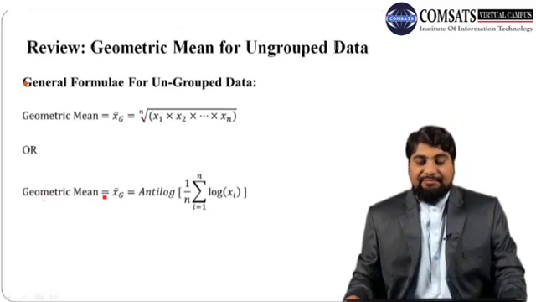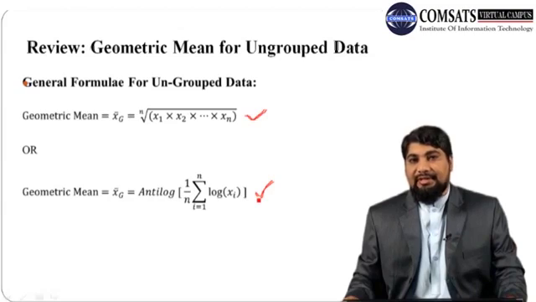The geometric mean is the antilog of 1 over n into the summation of log of xi, where i ranges from 1 to n. Last time we derived this second formula from the first formula. So now we can use either the formula given at the top or this alternative formula. Whether you use the first formula or its alternative version, the results will be the same.